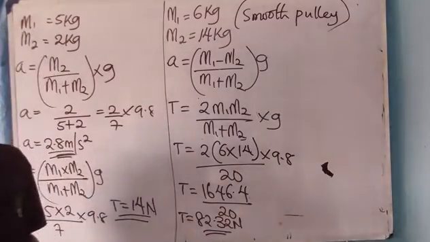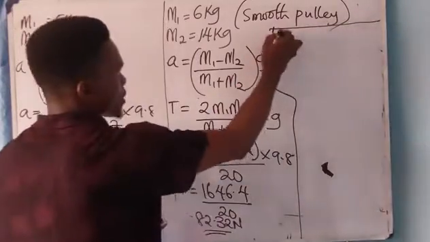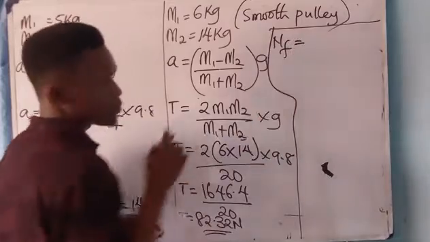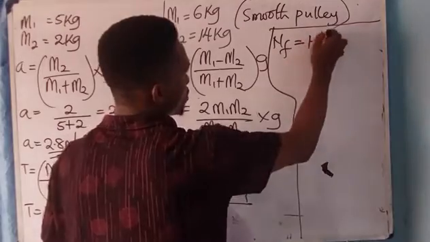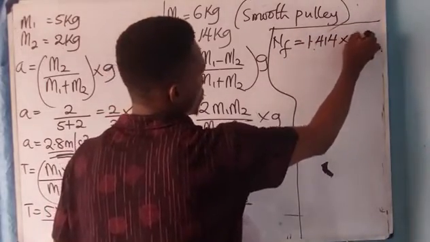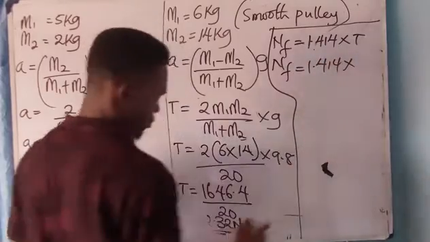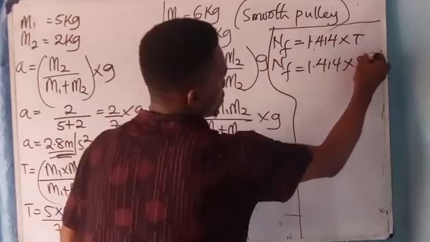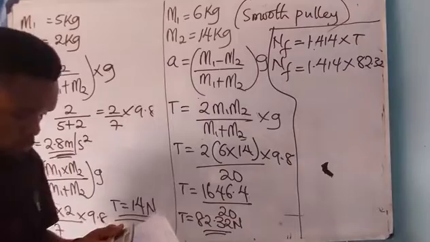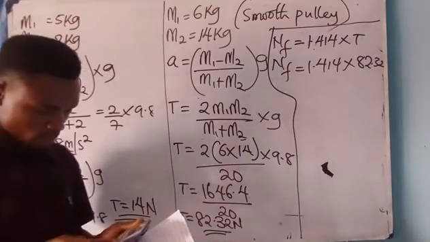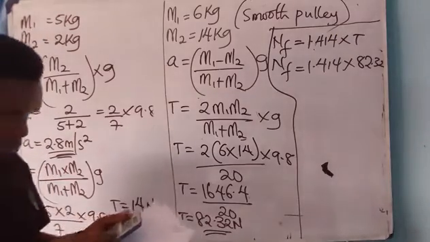What if we are asked to calculate for the net force? Now I told us that the net force of a smooth pulley system is 1.414 times the tension. So net force equals 1.414 times 82.32.